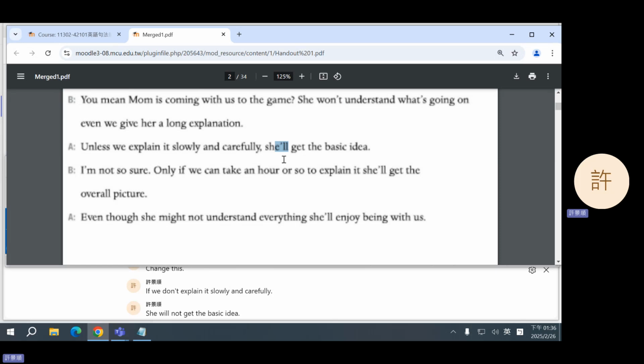Wait, hang on, is that right? So the contradiction is true. There really is a contradiction here, but is that the way to fix it?